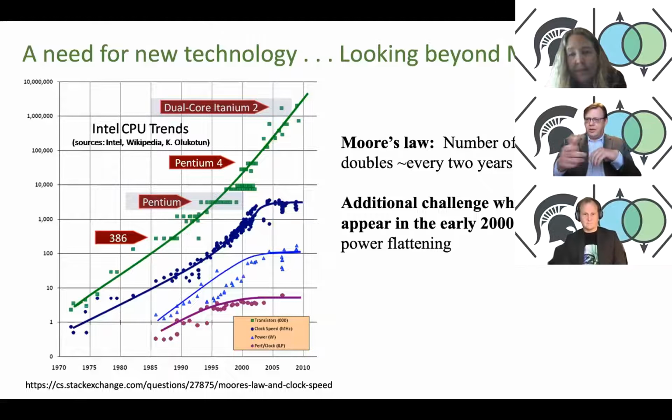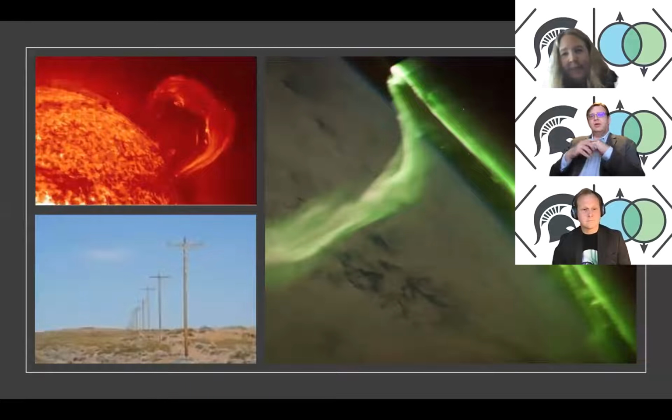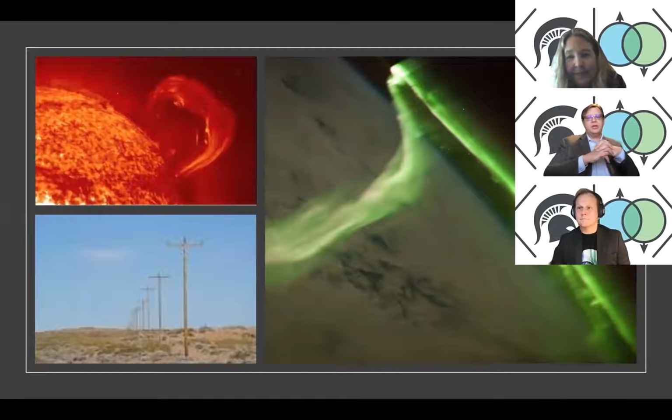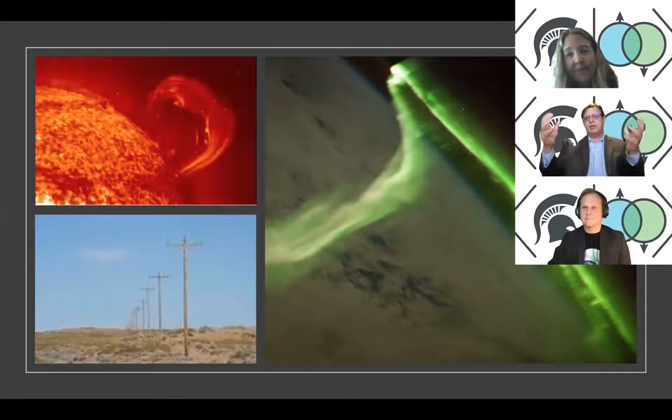So I'm going to mention one example of a calculation we would like to do faster, but we can't because the clock speed has plateaued. There's something called a Carrington event. It happened in 1859, and it's a big solar flare that impinged on the Earth.